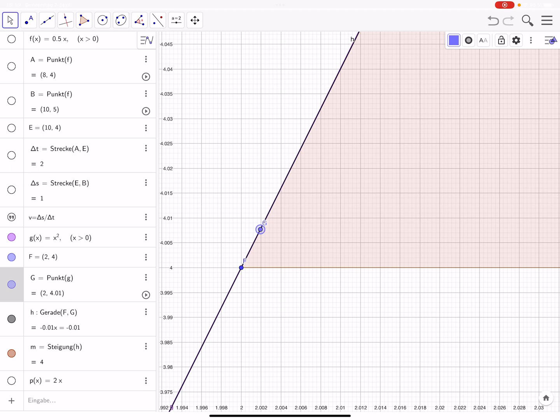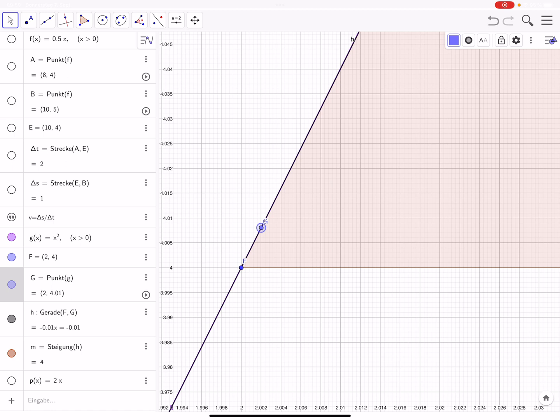What does it mean? If we consider a triangle like the red one between F and G, we see that delta t, which is the baseline of that triangle, is getting smaller and smaller. Now delta t would already be 0.002.